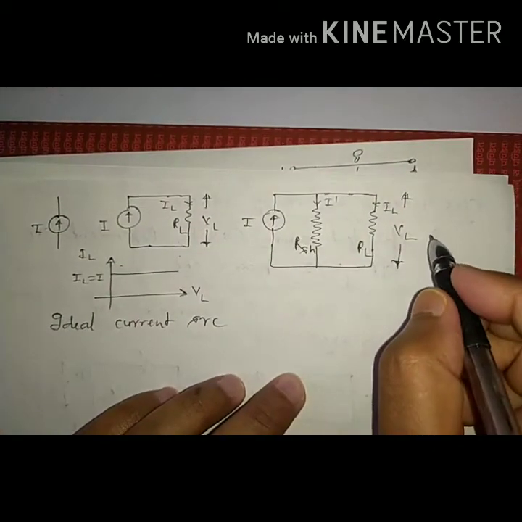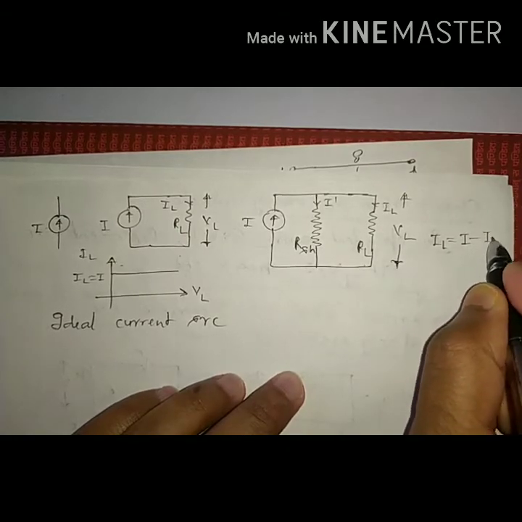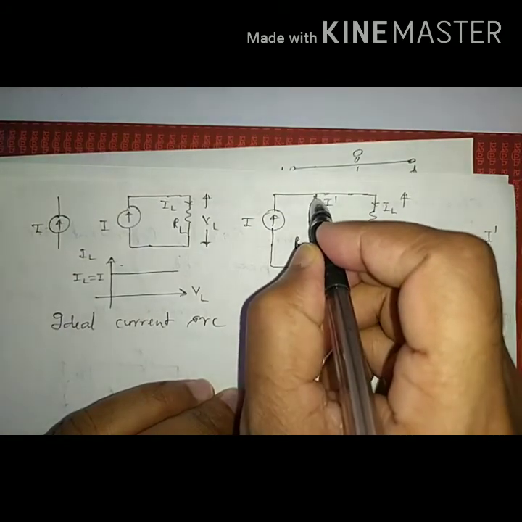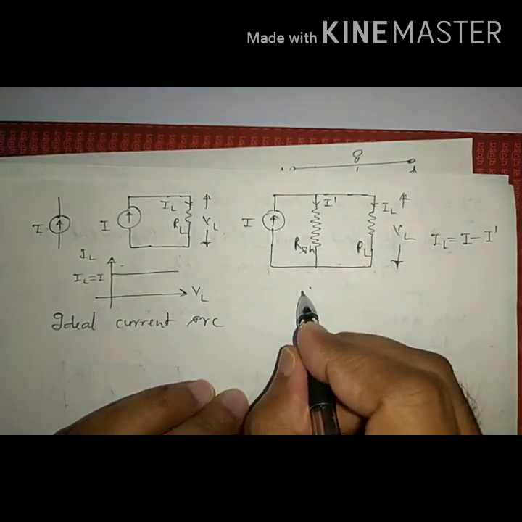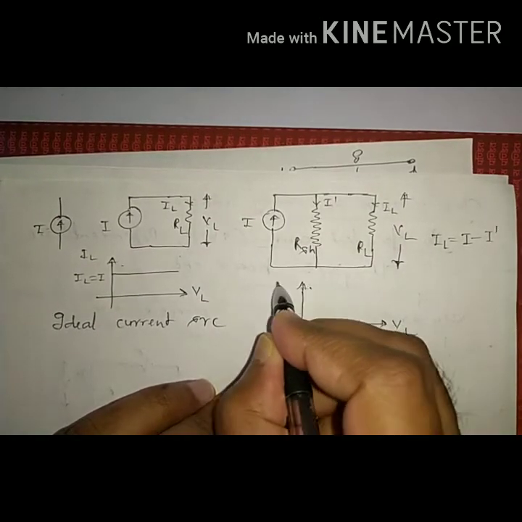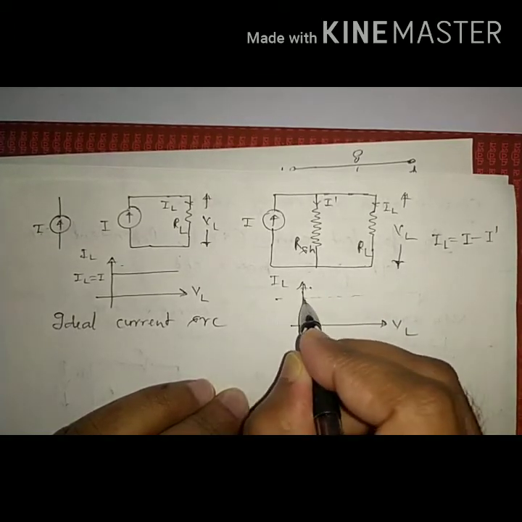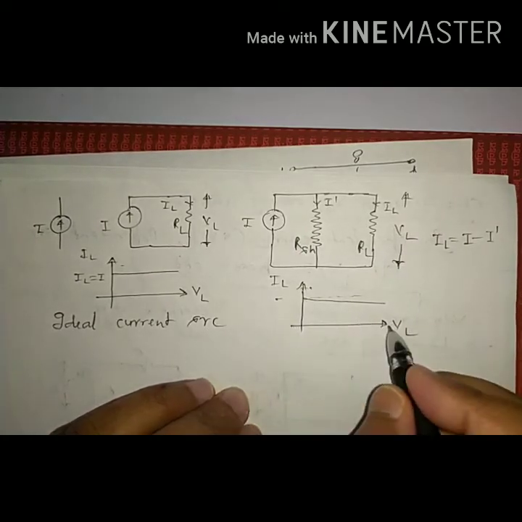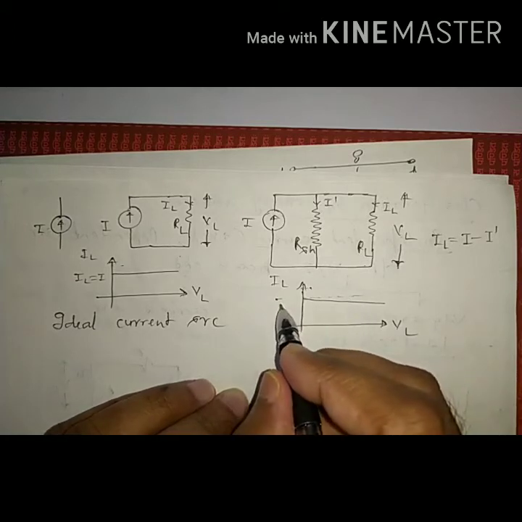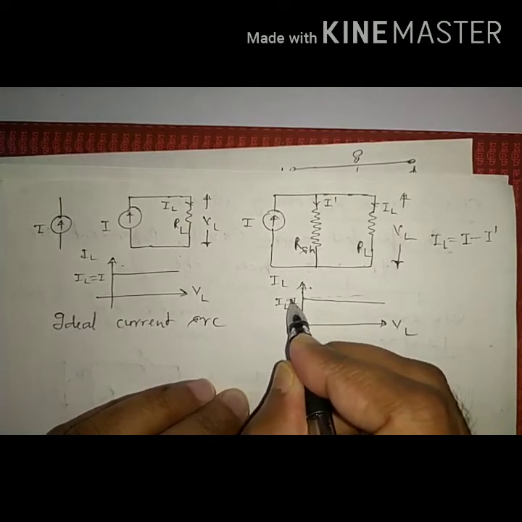So in this case we can say that the load current is the total current minus I dash. I is flowing here, some current is diverting, and the remaining current flows in the load. So the characteristic will be VL versus IL, and this current will be decreasing. As voltage changes, the load current changes. IL is I at first, and after that it will decrease.